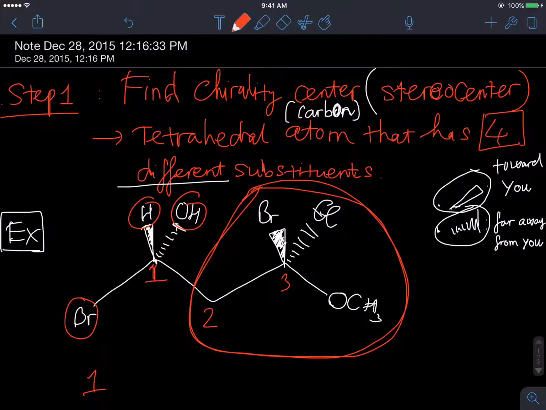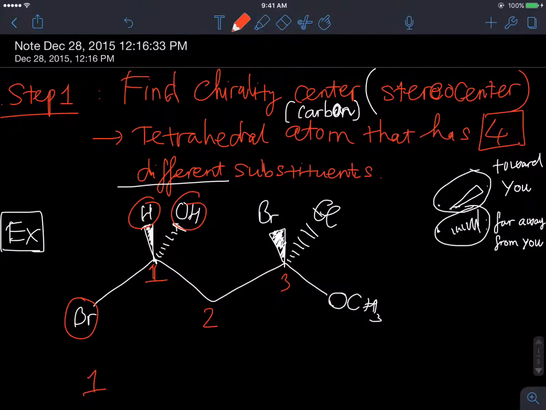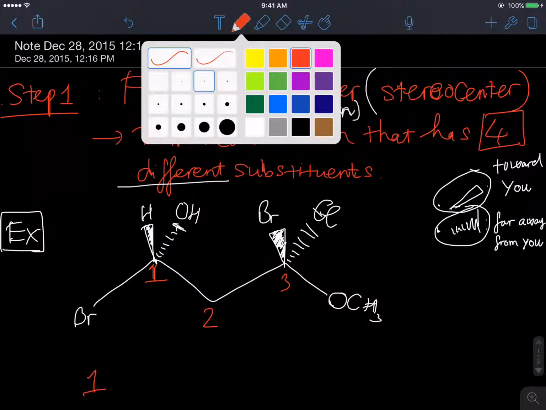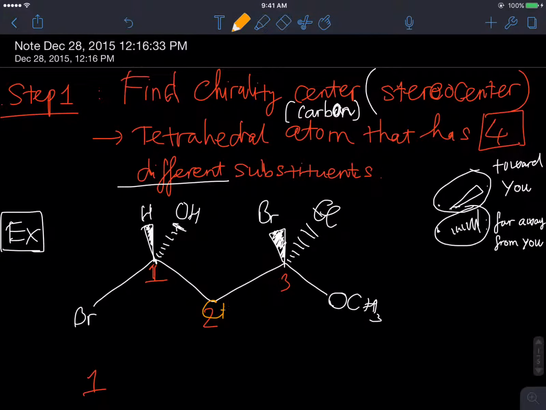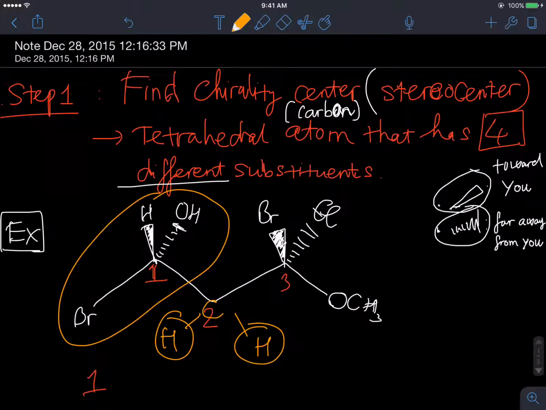It's a stereo center. And how about number two? Number two right here is a CH2. How many substituents does it have? One, two, three, and four.